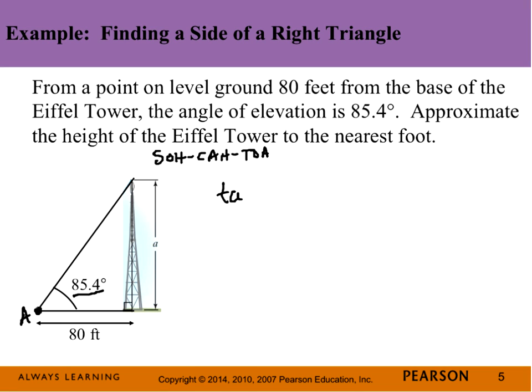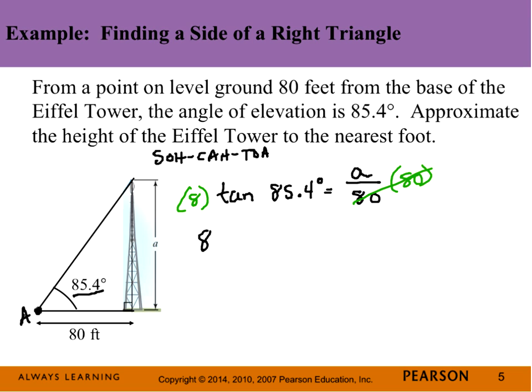So I have that the tangent of 85.4 degrees is equal to the opposite, which is side A, over the adjacent, which is 80. And so this equation solves very much like the last one we did. I'm going to multiply both sides by 80 to get that out of the denominator on the right-hand side.